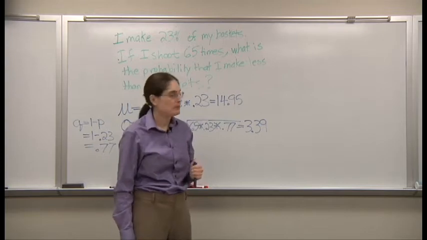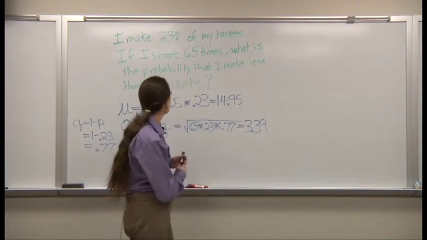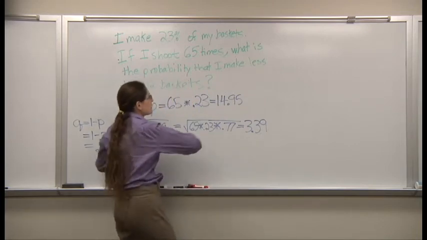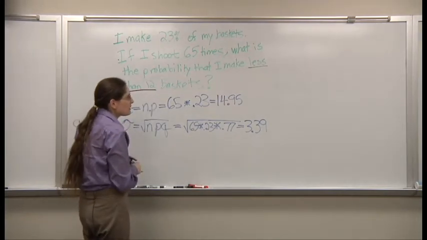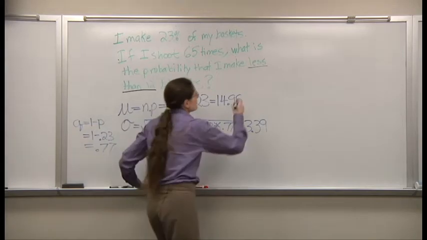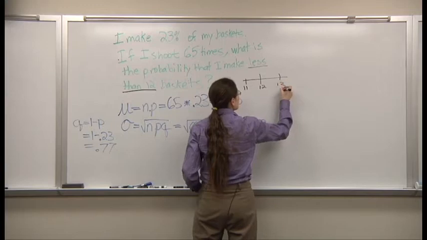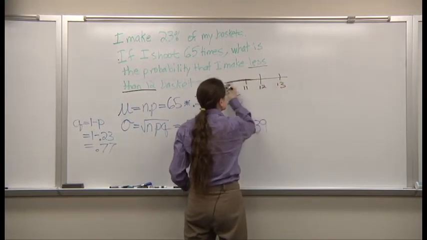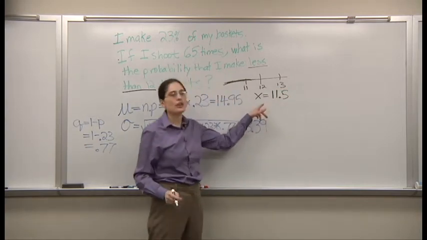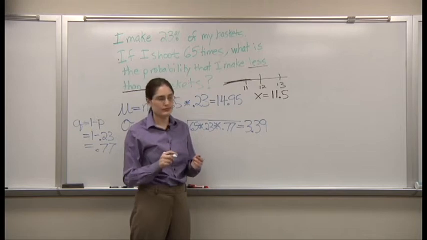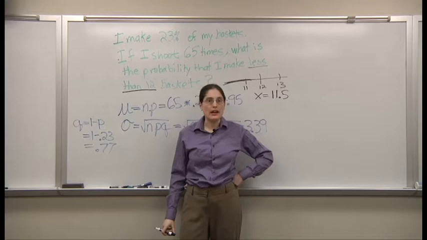What's the next step? Yes, we need to correct for continuity. The problem says less than 12. What should I use for x when it says less than 12? Use 11.5. Now you've got everything you need to bring out that z formula.